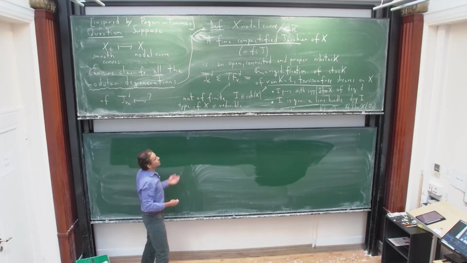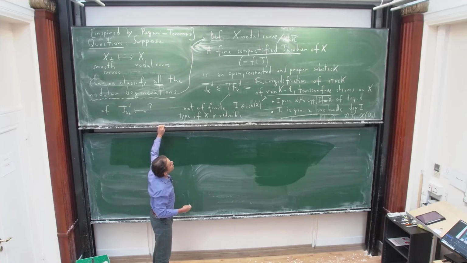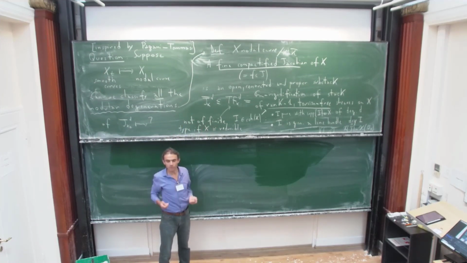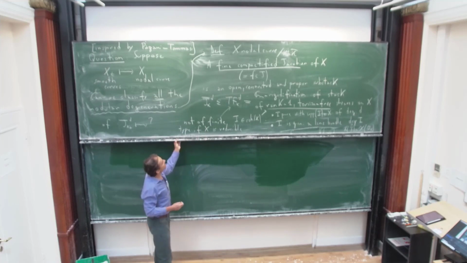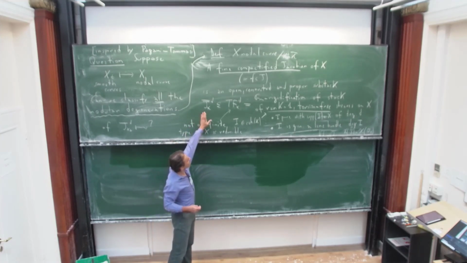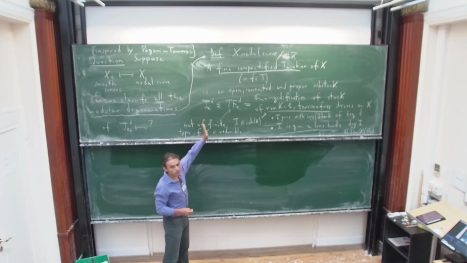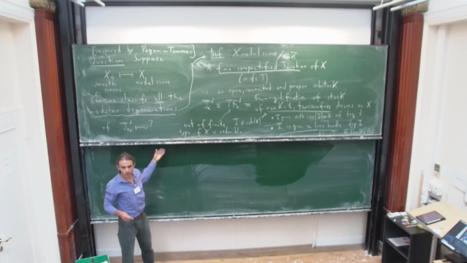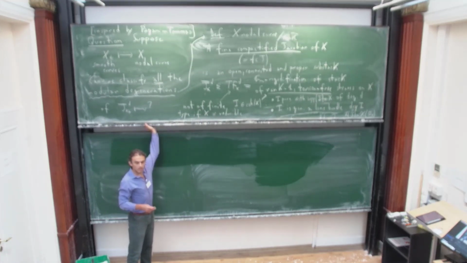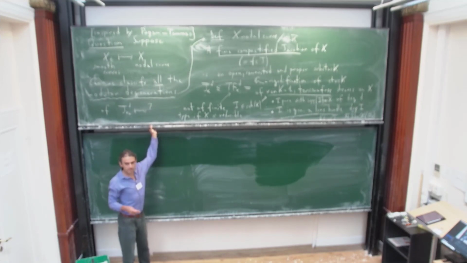Yeah, so if I don't consider this rigidification, then there's no hope to find a proper stack, because if you have a proper substack, then the automorphism groups of this guy are going to be trivial. So you have to rigidify to find this proper substack. Is it the same as just taking families up to pullback from the base? Yes, exactly.